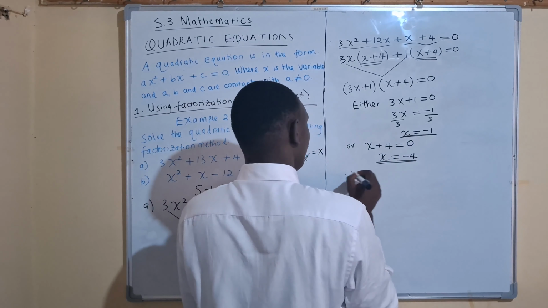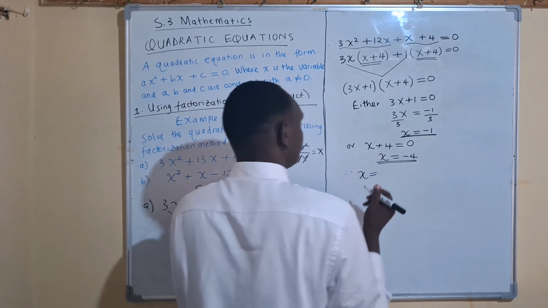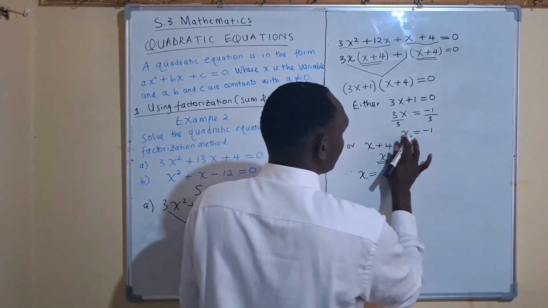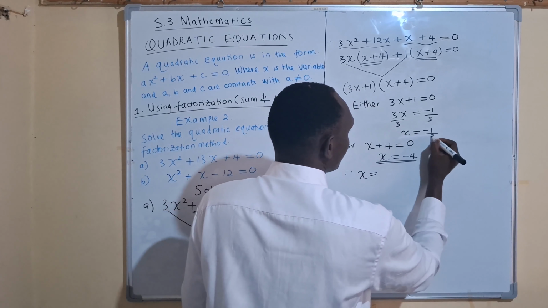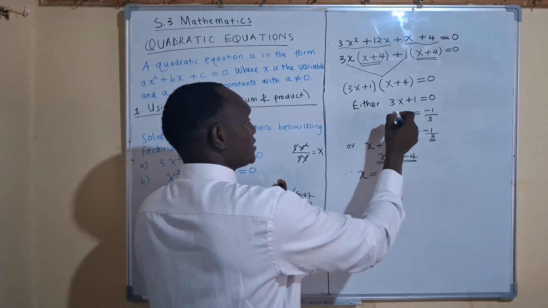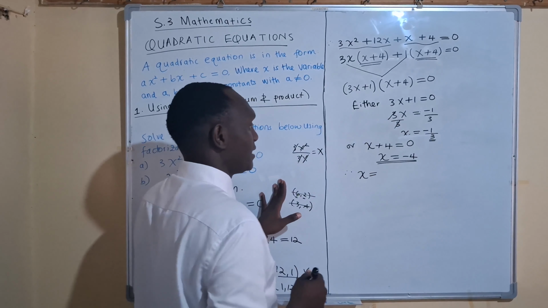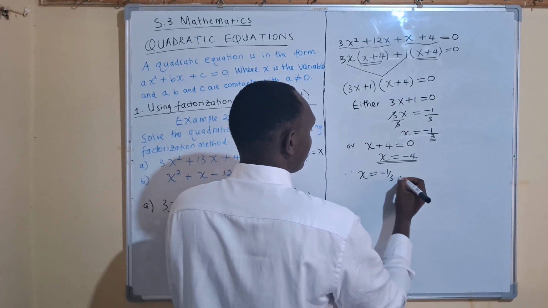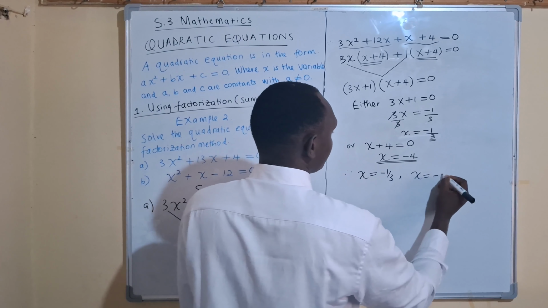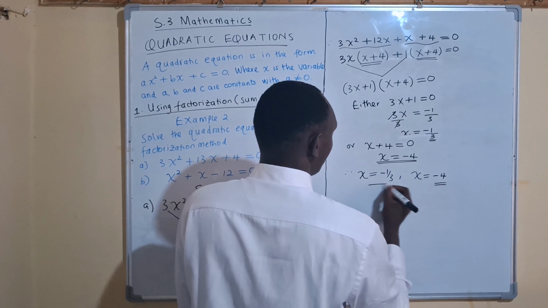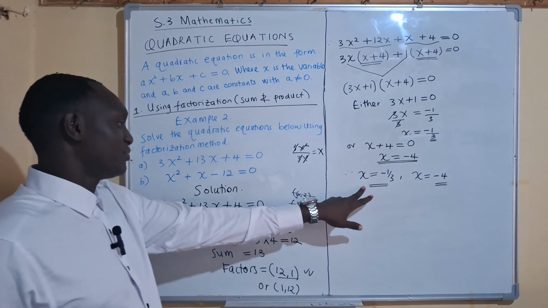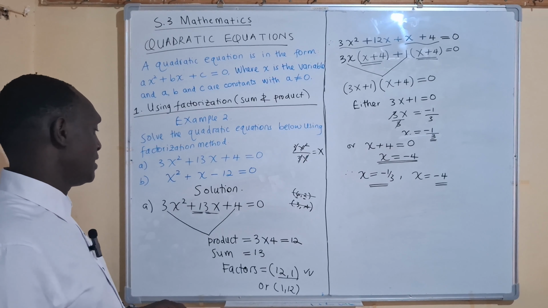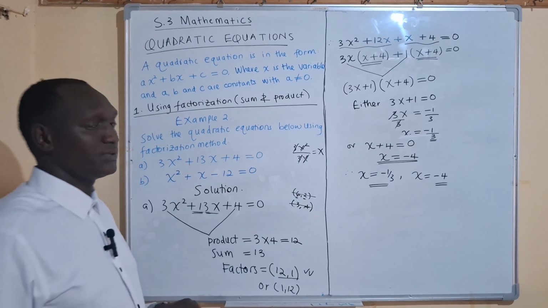The first one should have been negative 1 out of 3, because you are dividing both sides by 3 and the 3s cancel. So x equals negative 1 over 3, or x equals negative 4. If you substitute these 2 values of x one at a time in this equation, you find that it is equal to 0. Thank you.